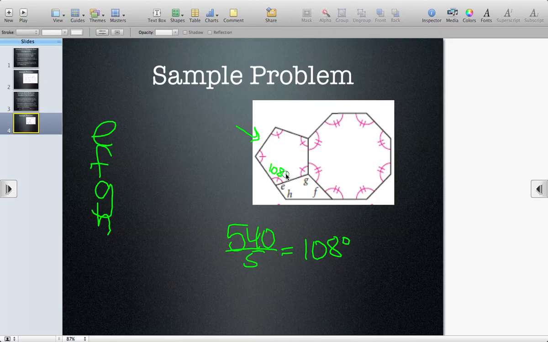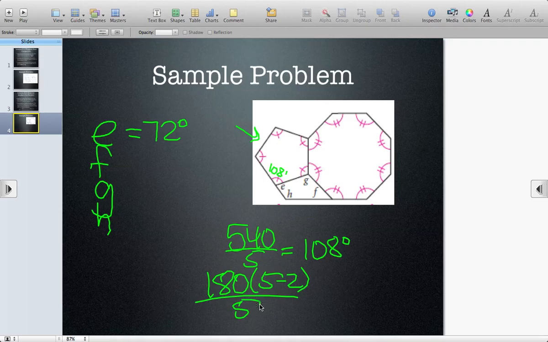Then using the linear pair conjecture, 180 minus 108, angle E is equal to 72 degrees. So that was pretty easy. And if you have the 540 degrees memorized, it makes it simpler. If not, you can always just say 180 times 5 minus 2, that gives you the 540, and then divide by 5 because you have the 5 angles.